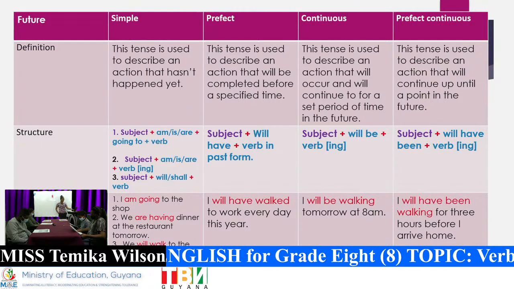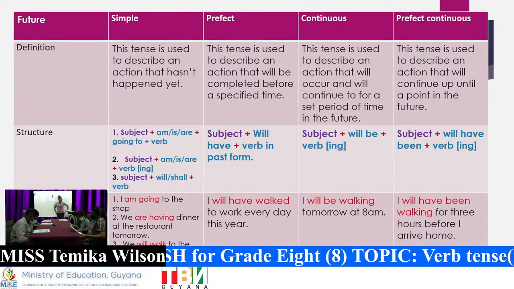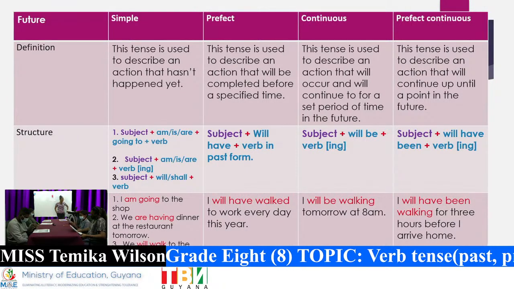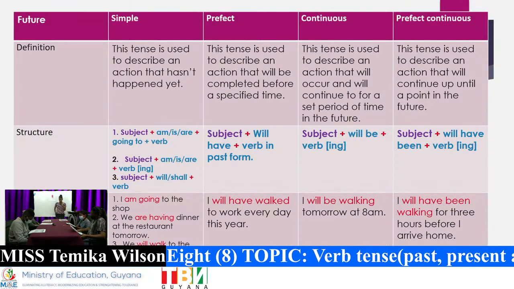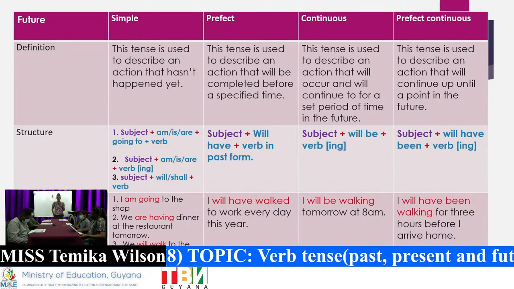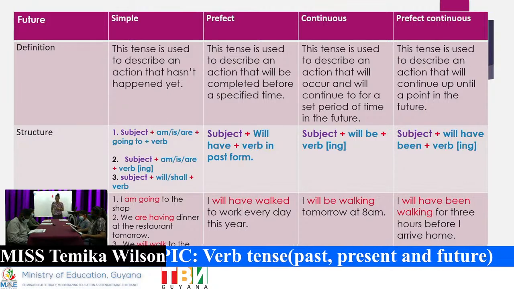The perfect future tense. It says this tense is used to describe an action that will be completed before a specific time. So while this is an action that will happen in the future, there is a specific time assigned to when this action will be completed.